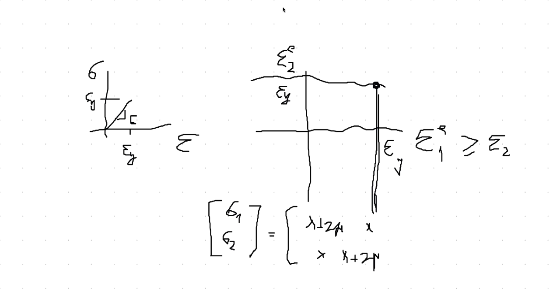And here you will have the principal values of the strain, epsilon 1 elastic and epsilon 2 elastic. Then given the criterion in terms of epsilon, I can invert this equation and get how epsilon elastic 1 and 2 are functions of sigma 1 and 2.